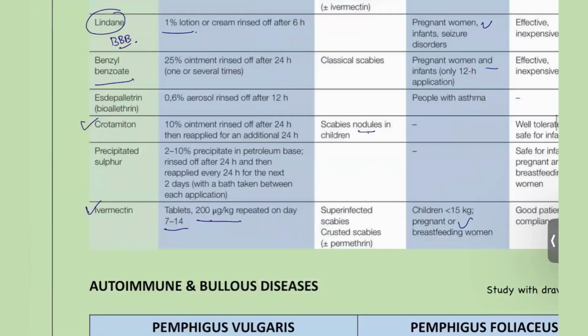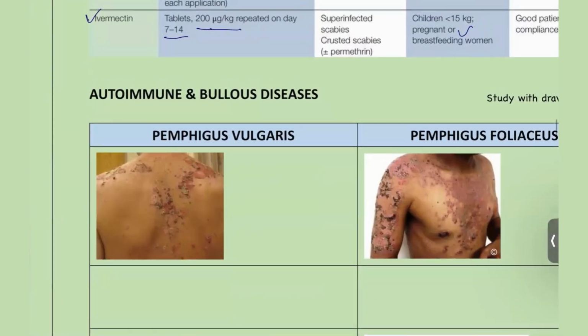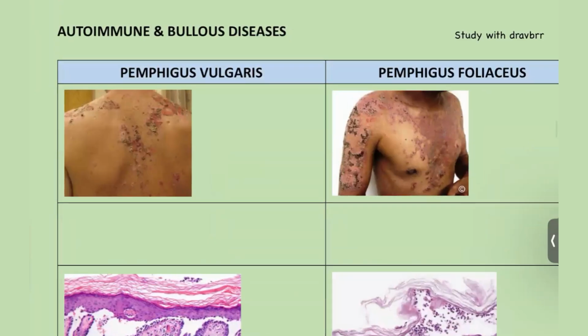Next, moving on to the autoimmune bullous disorders. So first, pemphigus vulgaris, the most commonly seen. What is the pathogenesis of pemphigus vulgaris? It causes antibodies against desmoglein 1 plus also desmoglein 3.